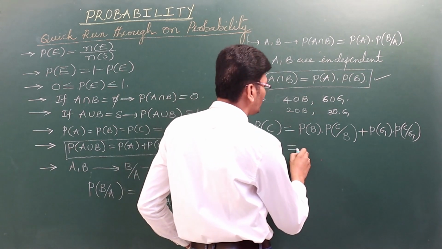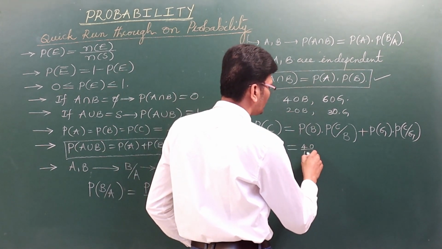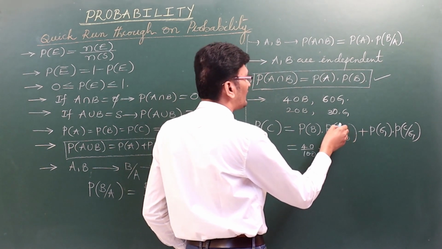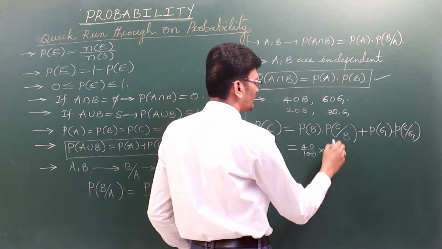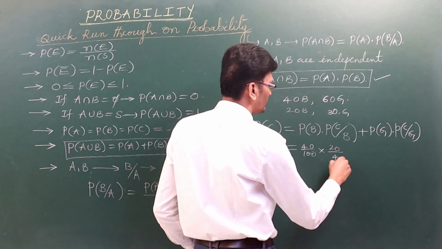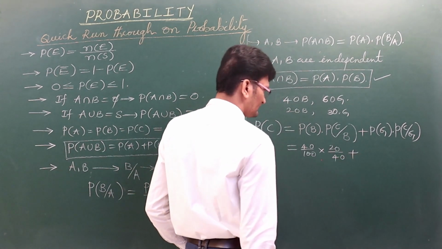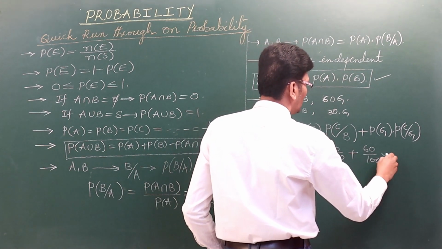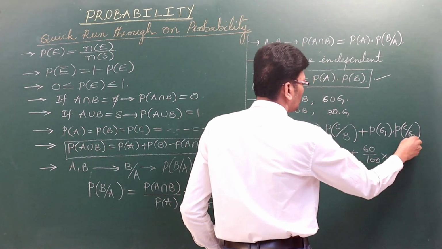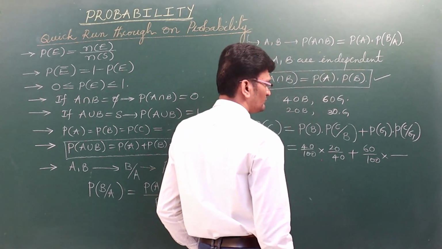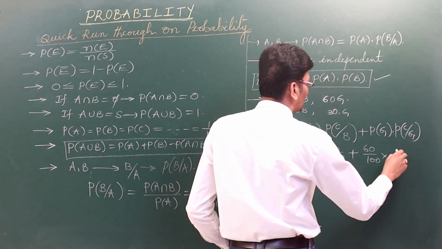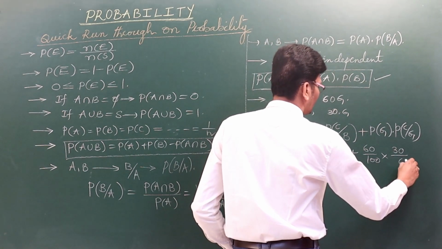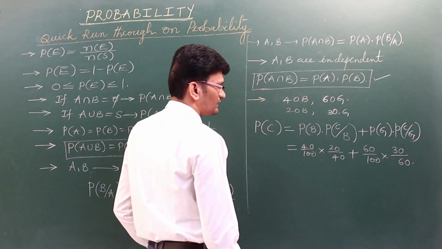Now selecting boys means 40 by 100. In that I know he is a boy and I want a cricket knowing boy, therefore 20 by 40, plus selecting girl 60 by 100 into, I know the person is a girl but I want the cricket knowing girl, 30 by 60.